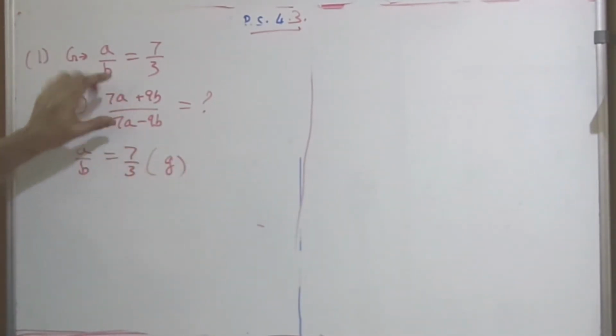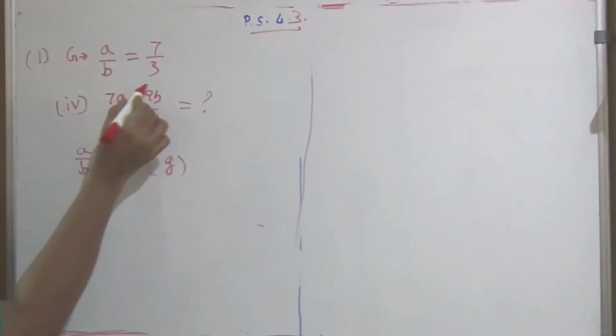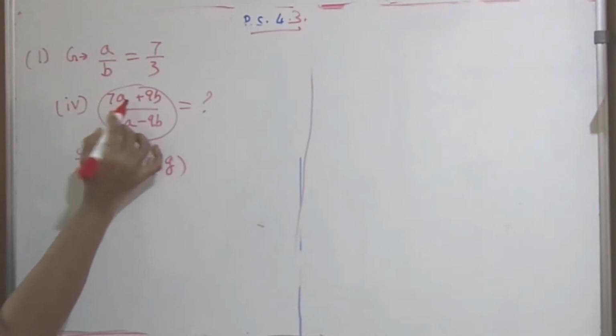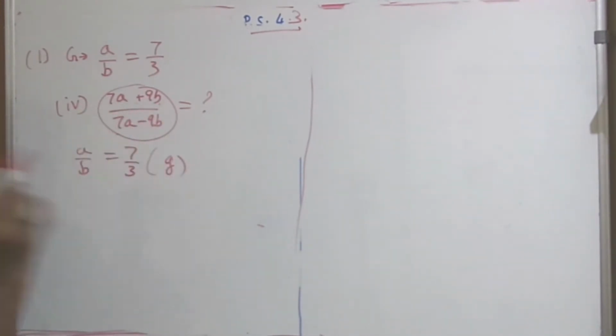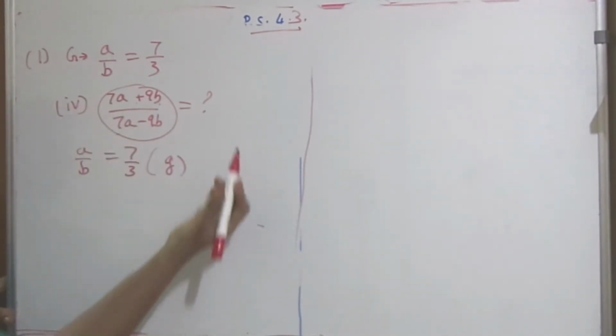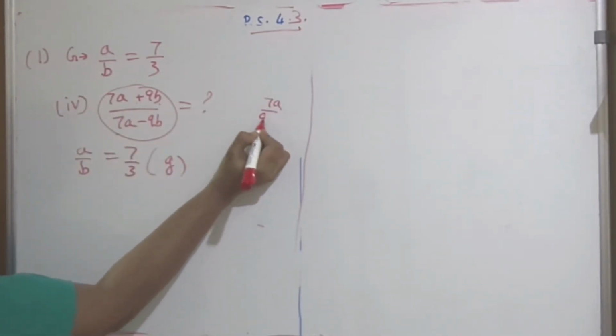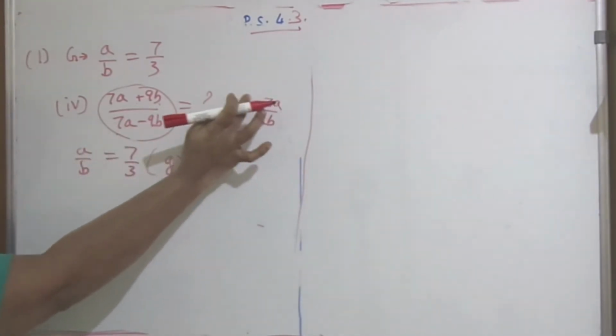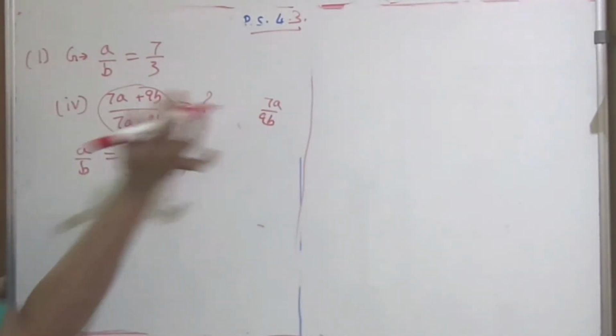Now you can see, if you know the properties of equal ratios, which property is used? The same thing added and the same thing subtracted tells you it is componendo dividendo. Componendo dividendo of which factor? Of 7a upon 9b. So the coefficient of a should be 7 and of b should be 9.